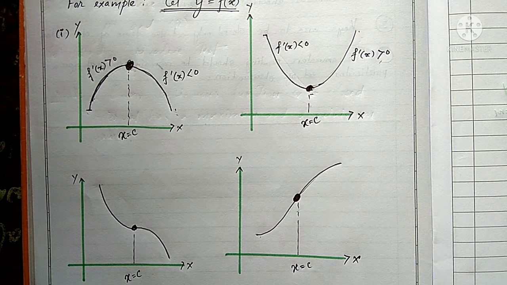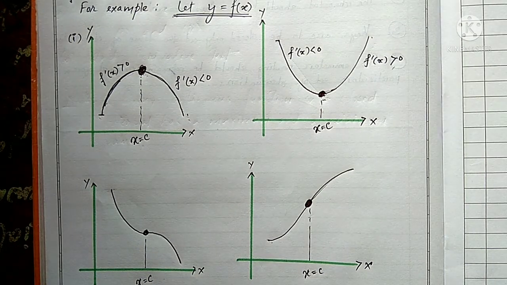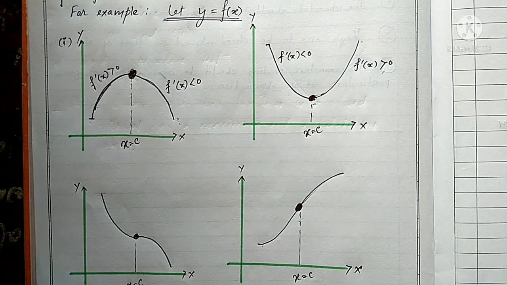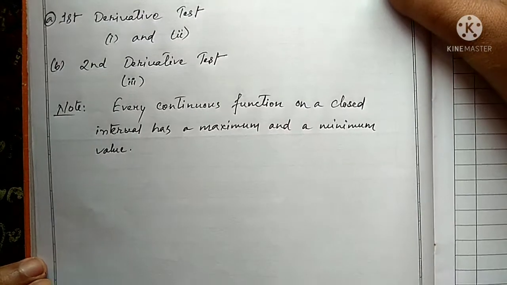Okay, now after this turning point, under this topic of maxima and minima, the maxima and minima we can find out in three different ways, as you see here.